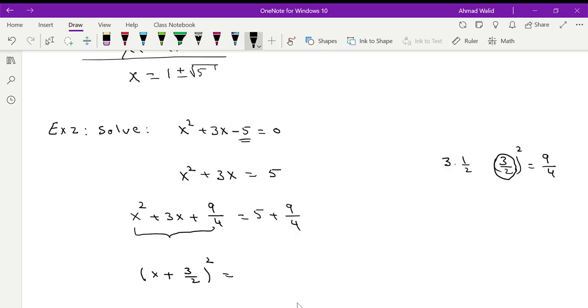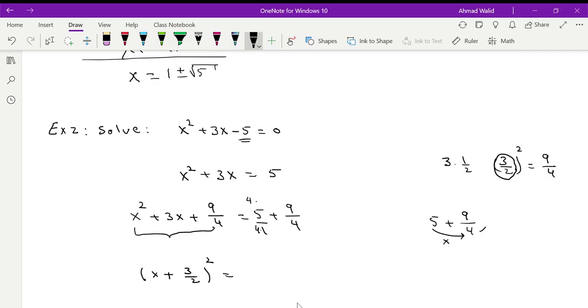Equals, simplify the right side. 5 over 1 plus 9 over 4. You need a common denominator. It means multiply 5 by 4, right? Or the other way, I don't know if you know this method or not. 5 over 1 plus 9 over 4. Multiply these two numbers.